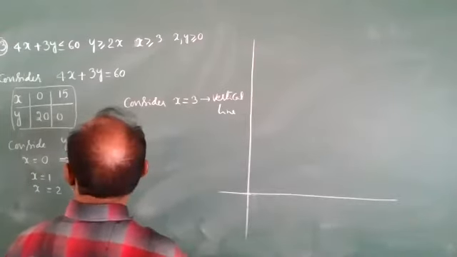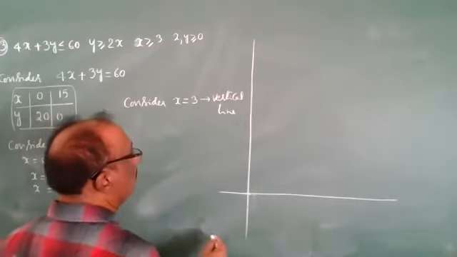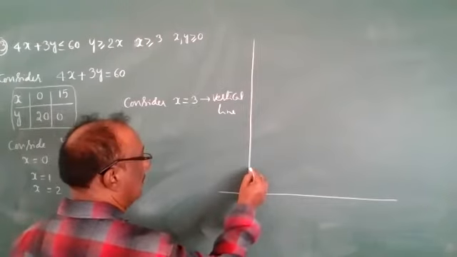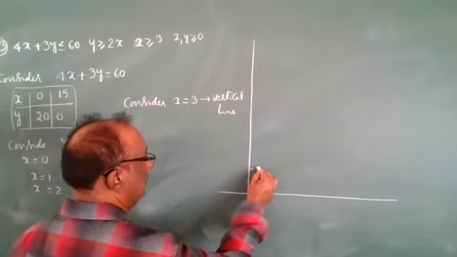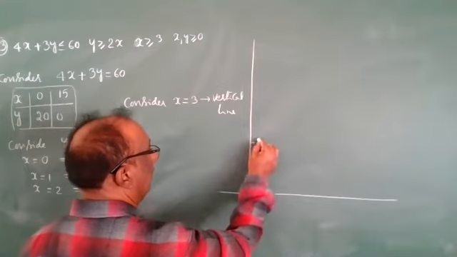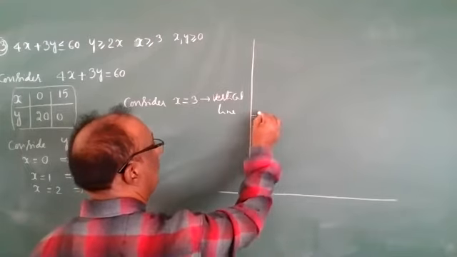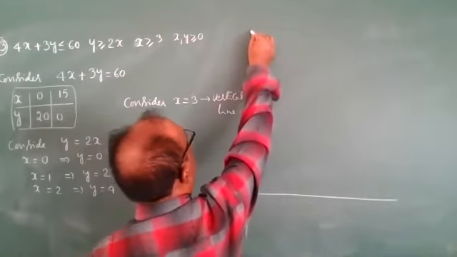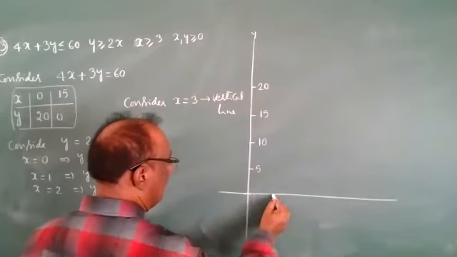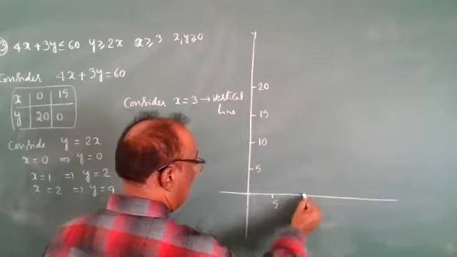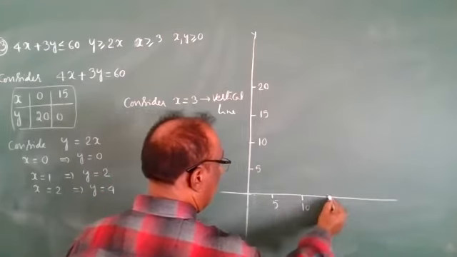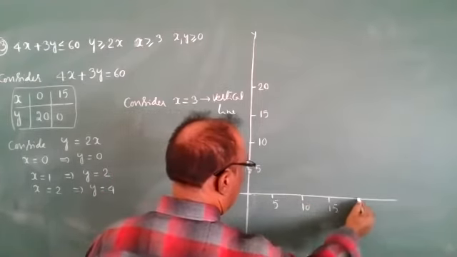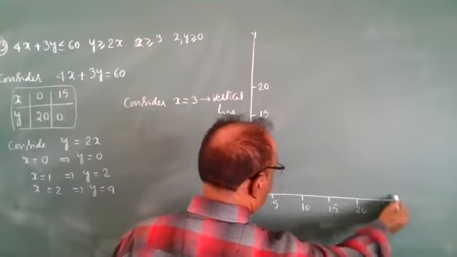First one, x is equal to 0, y is equal to 20. Here, 5 centimeters we can take as 5, 10, 15, 20. On this axis also we can take 5, 10, 15 and 20.